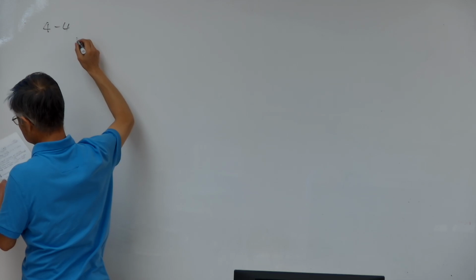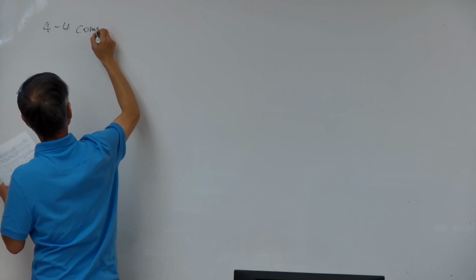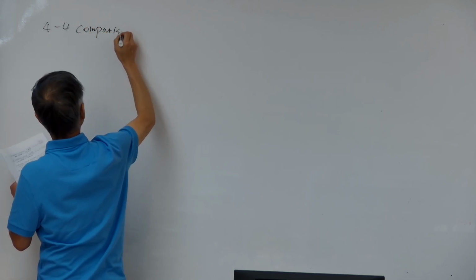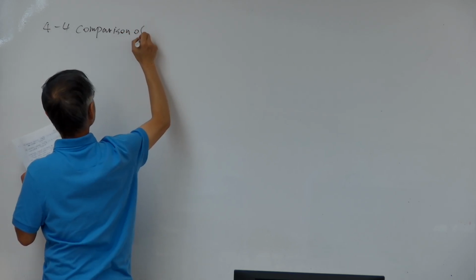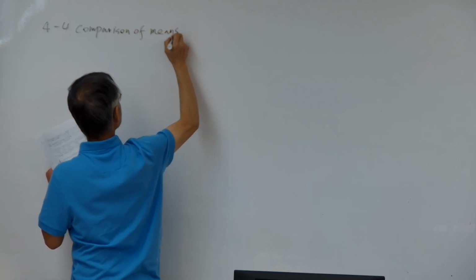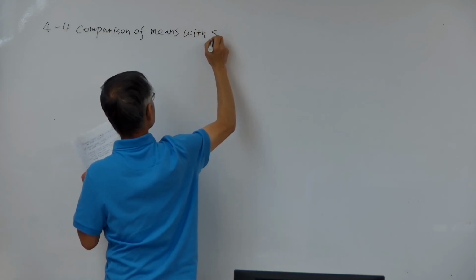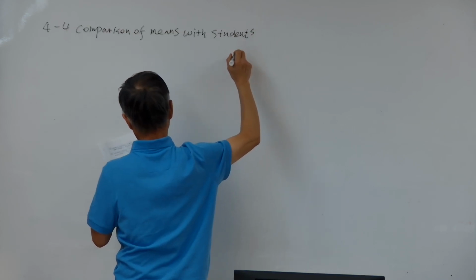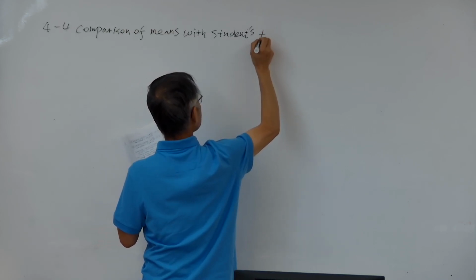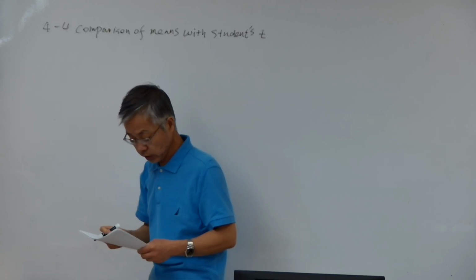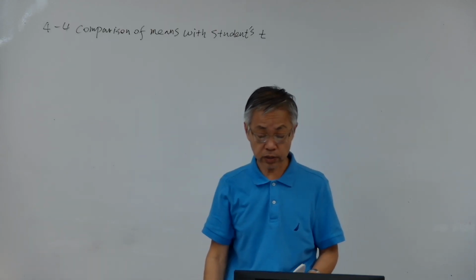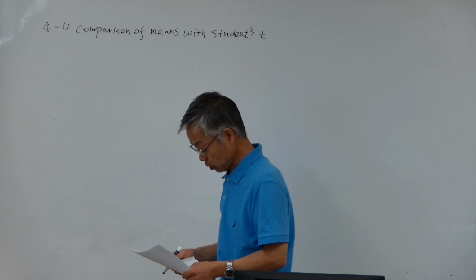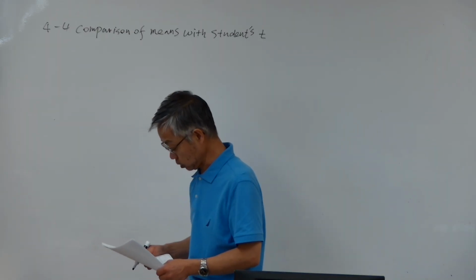This is chapter 4 about comparison of means with Student's t. We can use the t-test to compare one set of measurements with another to decide whether or not they are the same.